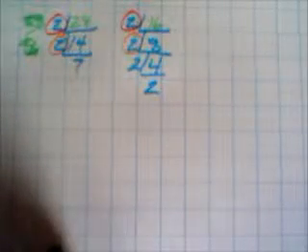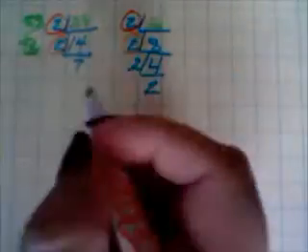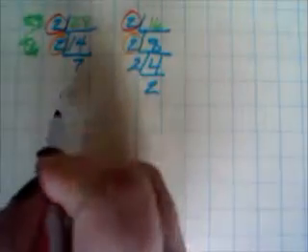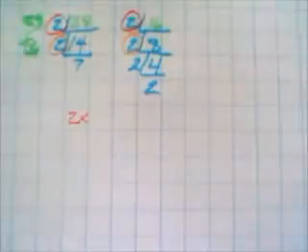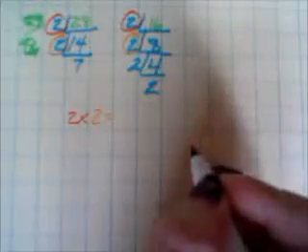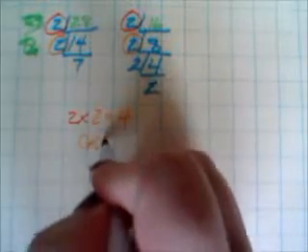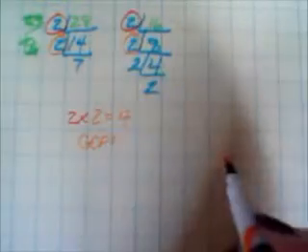And nothing else. So now we're going to take those numbers. So we're going to say 2 times 2 equals 4. So our greatest common factor is equal to 4.